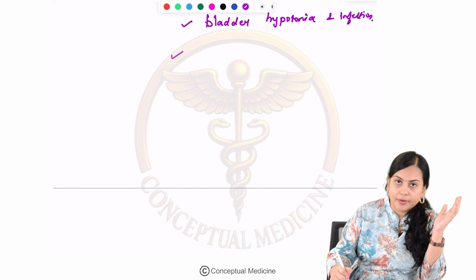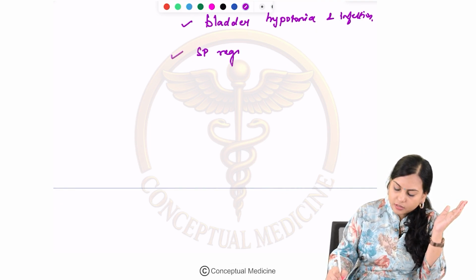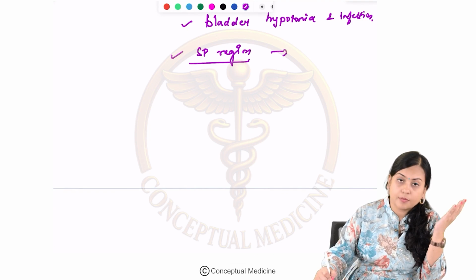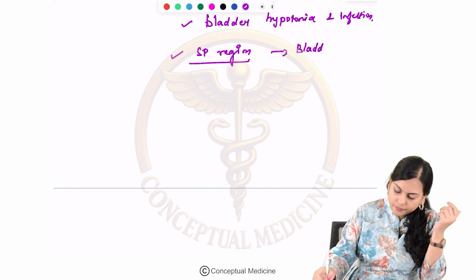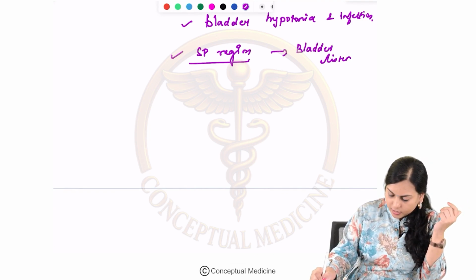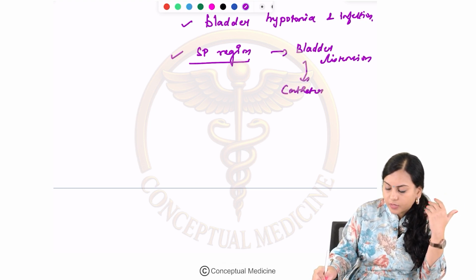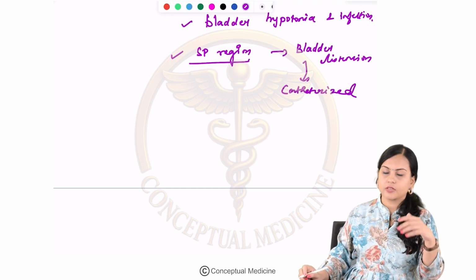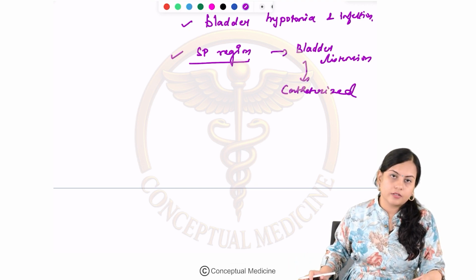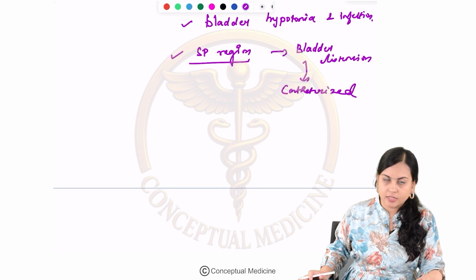So, you have to palpate the suprapubic region to see if there is any bladder distension or not, and if needed, this has to be catheterized, okay, so that there will be no hindrance in passage of the fetal head, okay.